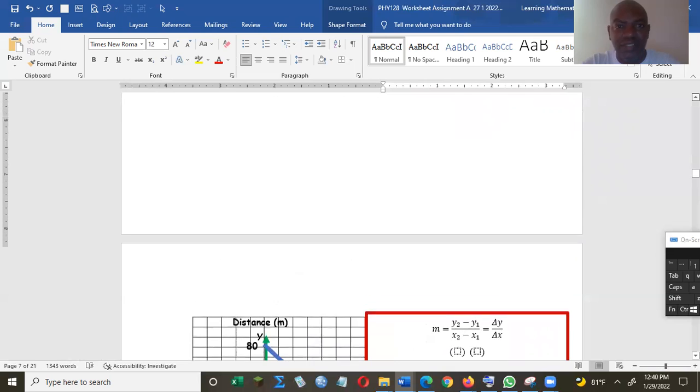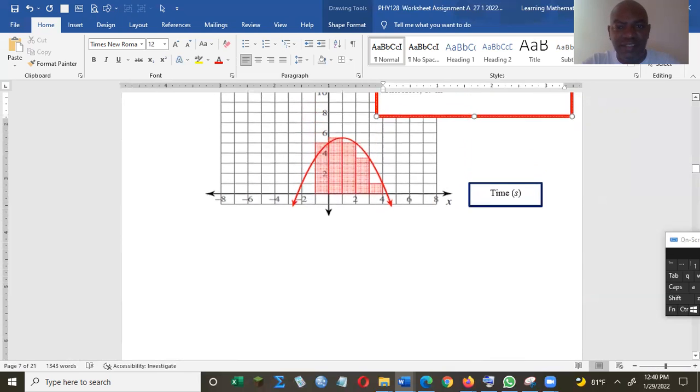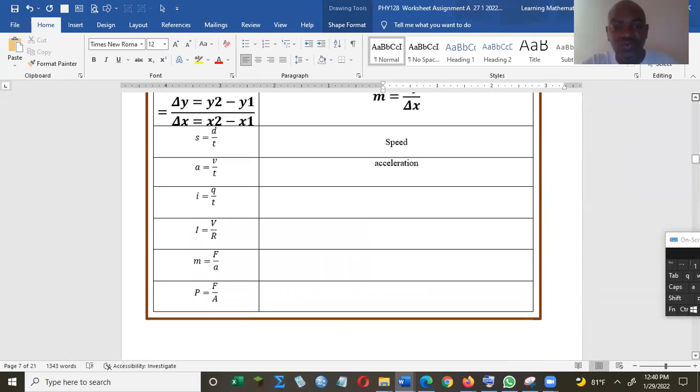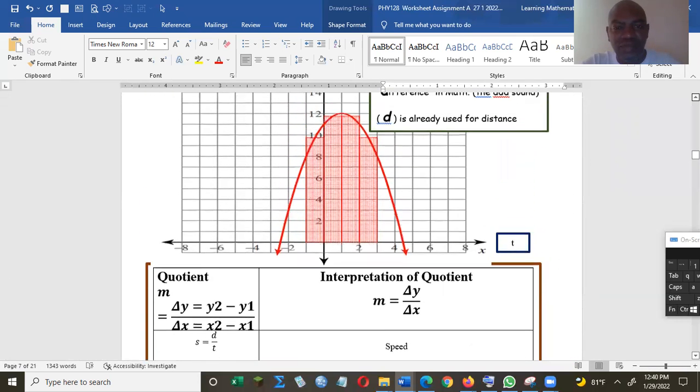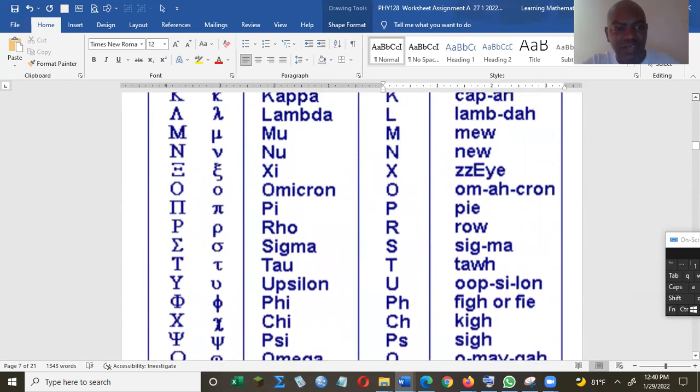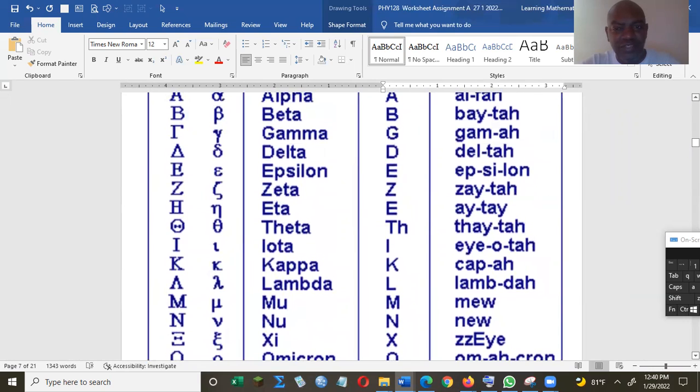We can check it out in the Greek alphabet. It's very interesting when the mathematicians, or the physicists, convert symbols to words to symbols. If the English alphabet does not suffice, you normally go to the Greek alphabet. D is already used for distance, so they went to the Greek symbol, and now we have capital delta and small delta.